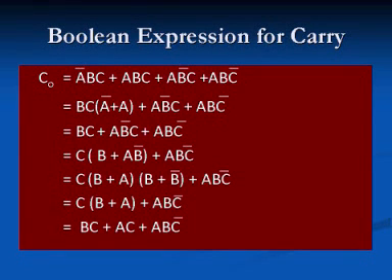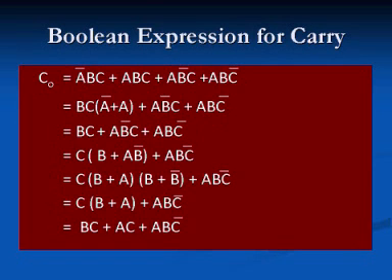Now taking B C common from the first and the second term, we can write C naught is equal to B C bracket open A bar plus A bracket close plus A B bar C plus A B C bar. This is equal to B C plus A B bar C plus A B C bar. In deriving this expression, we have used the Boolean identity A bar plus A is equal to 1.